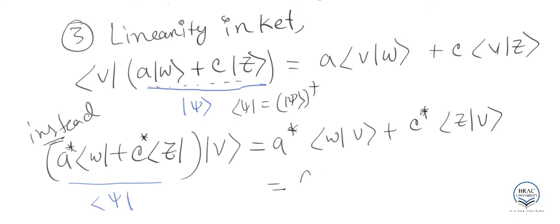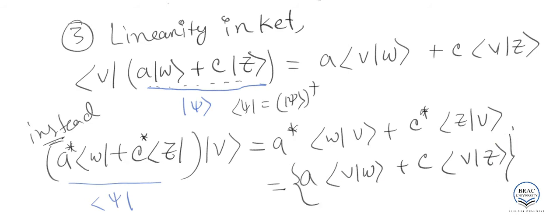This is nothing but a v w and c v z, this whole thing daggered. So this is sometimes also called antilinearity of the inner product with respect to the first vector in the inner product. This is just a feature, and you can easily see it from the linearity in the ket.